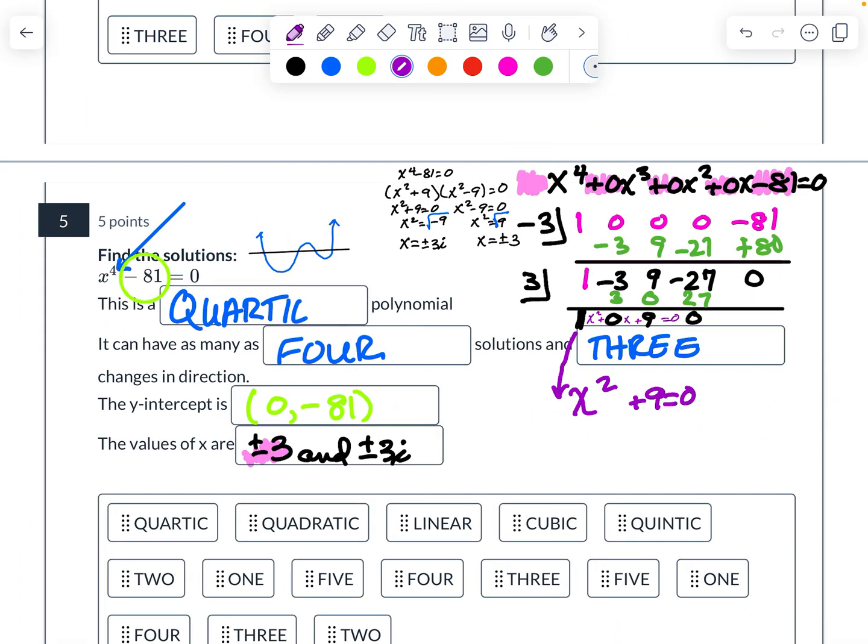So when we solve the purple equation, we would have x squared equals -9. Then we have to take the square root of this and this, and we get x equals a positive and a -3 imaginary number. And that's where your 4 answers are.